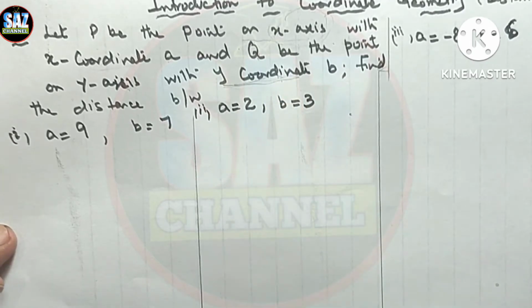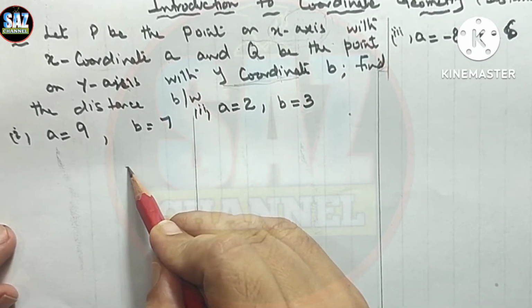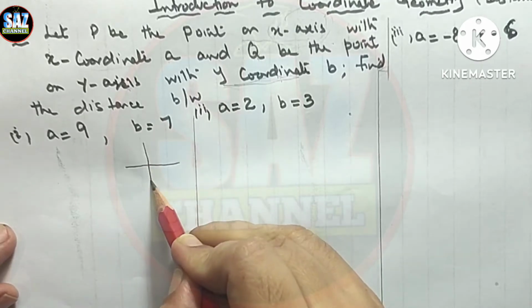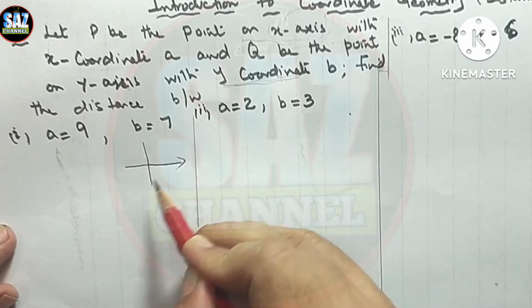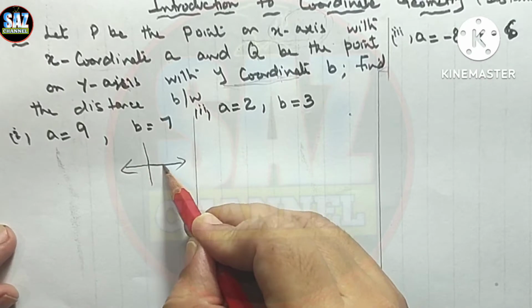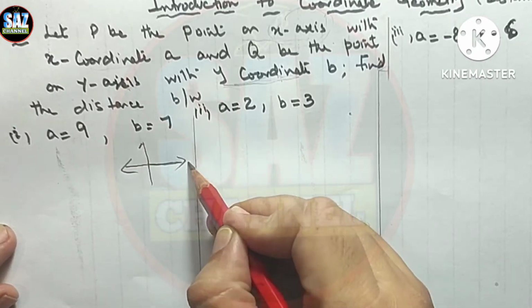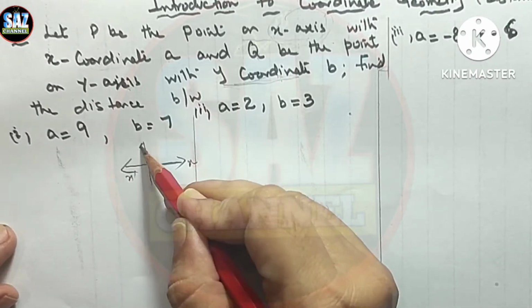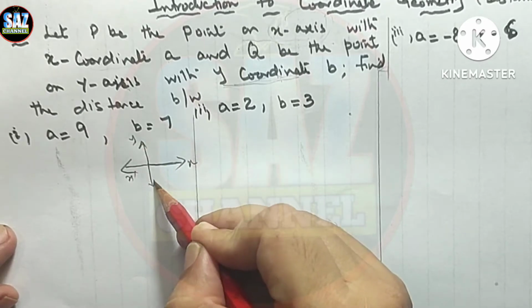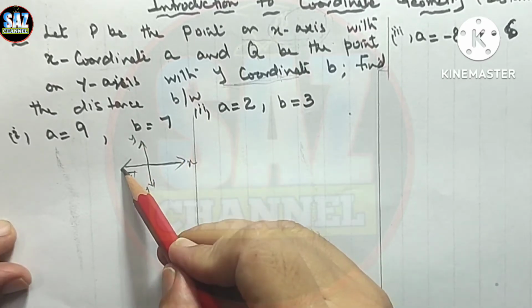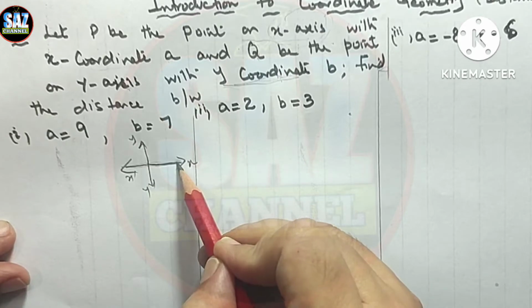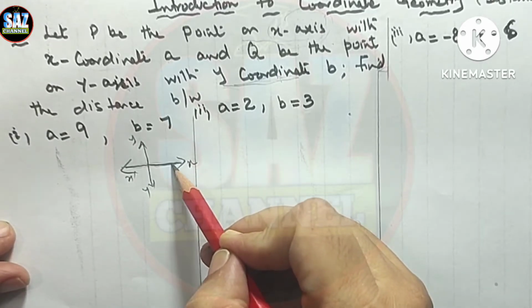If point P is on x-axis, this is my x-axis, and this is y-axis. When any point is on x-axis, its y value will be 0.